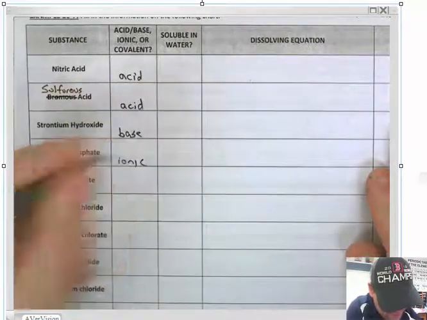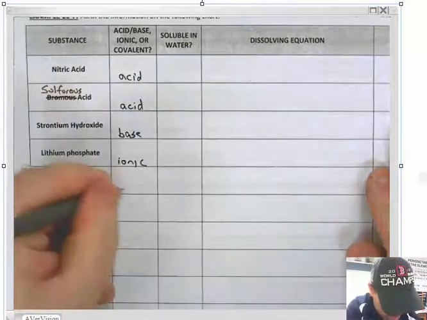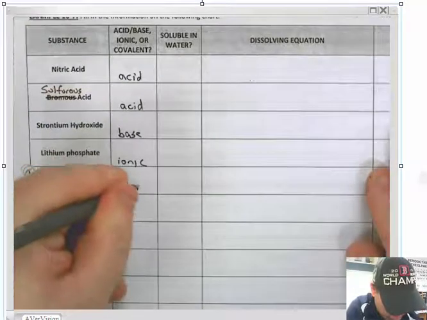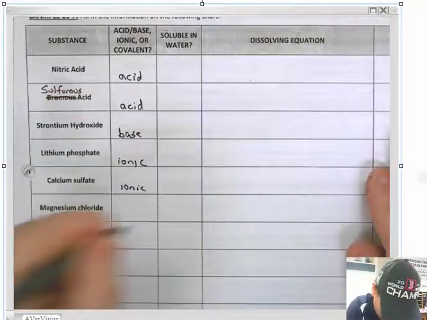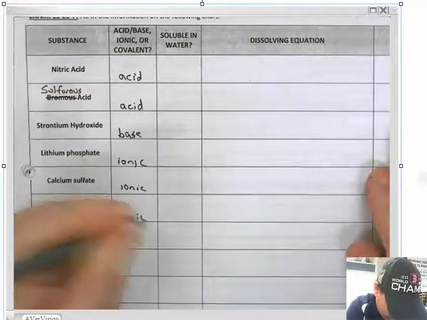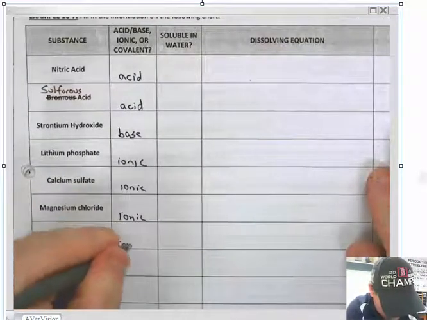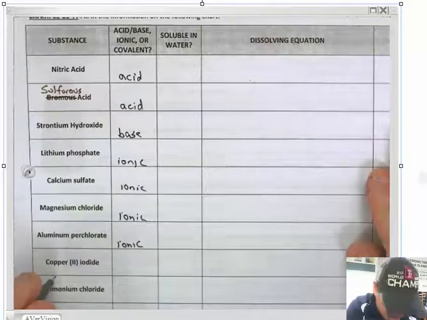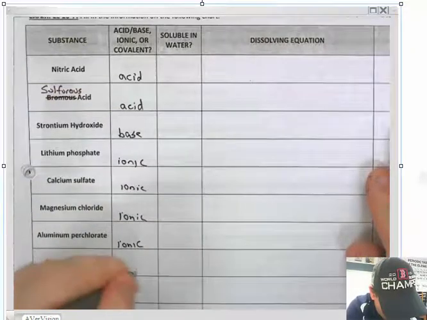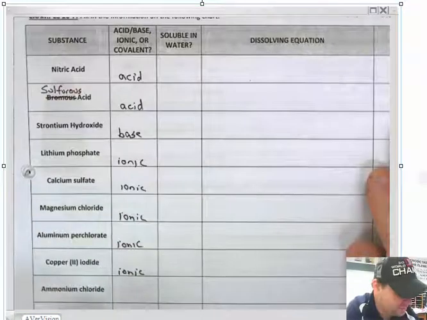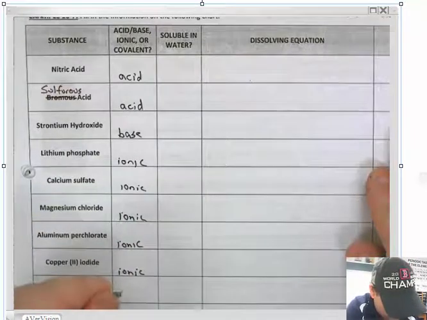Calcium is ionic. Magnesium is a metal, makes it ionic. Aluminum is a metal, ionic. Copper, metal, ionic, because remember, ionics are between a metal and a non-metal. And ammonium is a polyatomic ion. This is ionic as well.